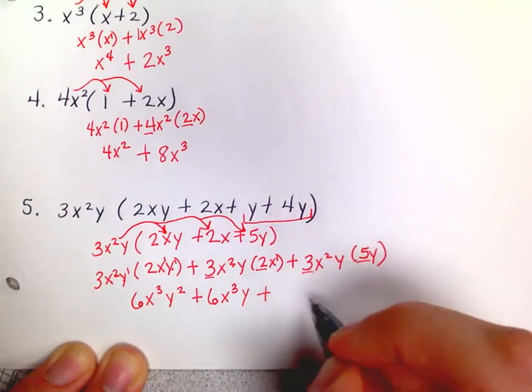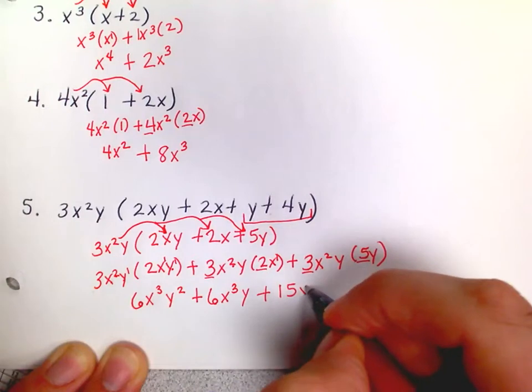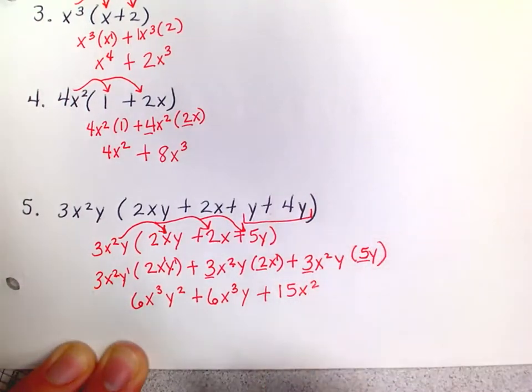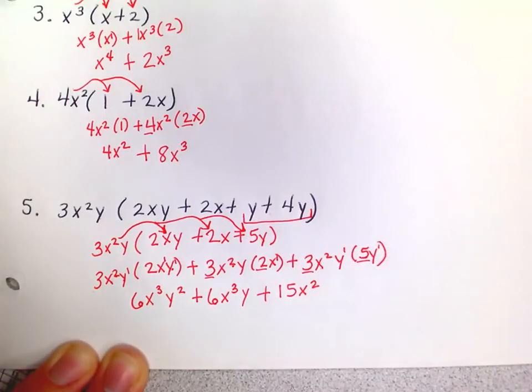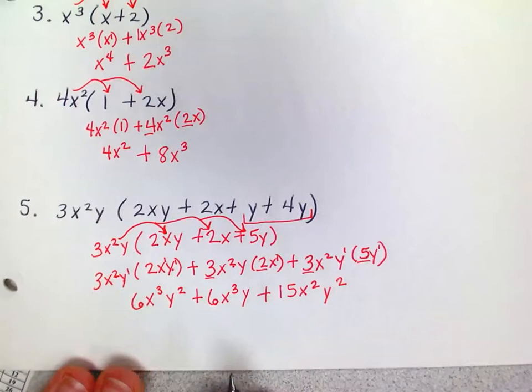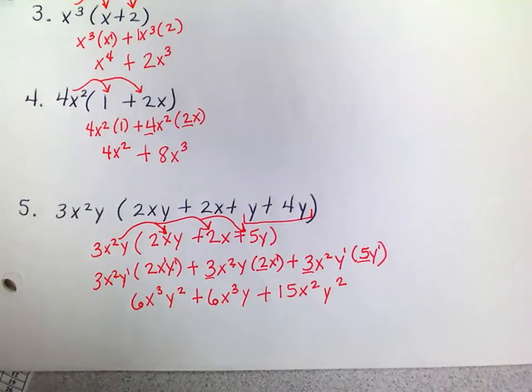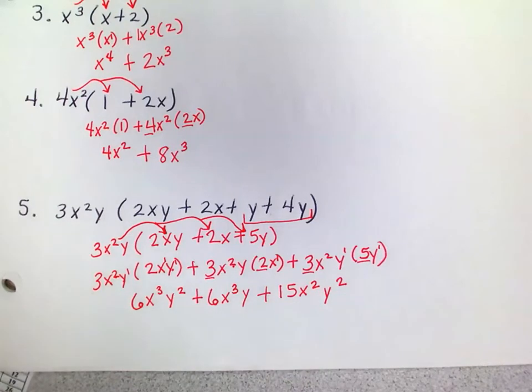We have 3 times 5 is 15, and we only have the x squared value, so drop it down, and then each y has a power of 1, so we add those, we have y squared. If you look, we are not going to be able to simplify any further because no values have the same terms for the variables. The variables do not share similar exponents.